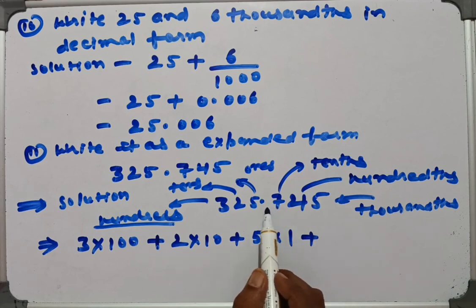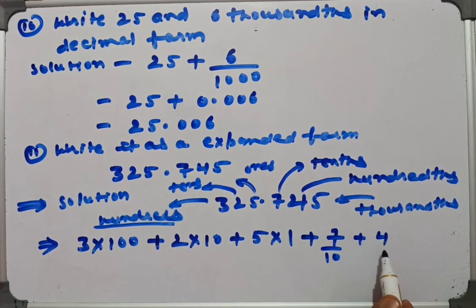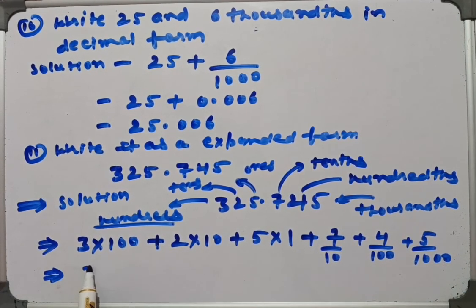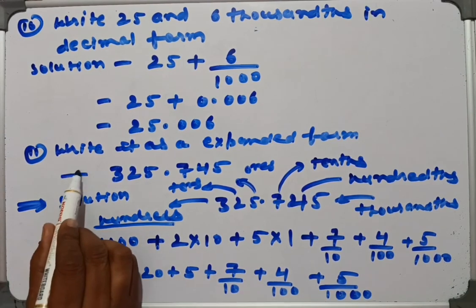This one is a dot, then we write a plus sign, 7 by 10, 4 by 100, and 5 by 1000. So our final solution is 300 plus 20 plus 5 plus 7 by 10 plus 4 by 100 plus 5 by 1000. This is the expanded form of this decimal number.